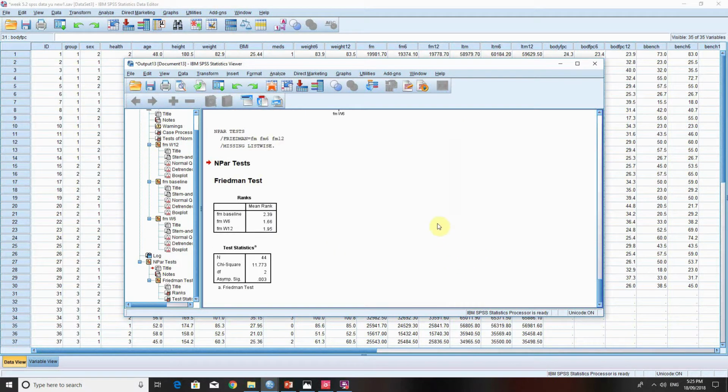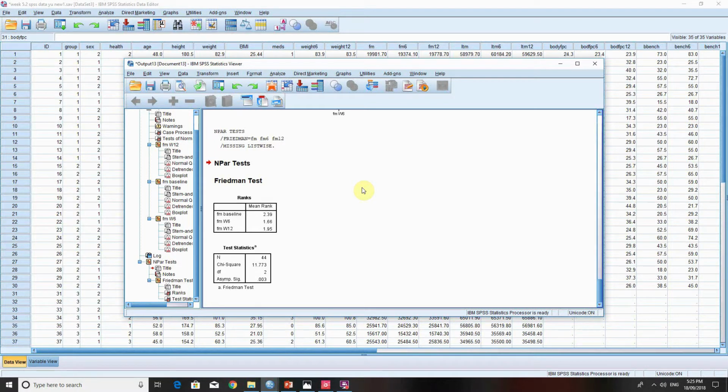What you would have to report from this output is your chi-square value and your significance. But because this data was normal, we shouldn't have done a Friedman's test. I just wanted to show you on that data so you knew what to press.